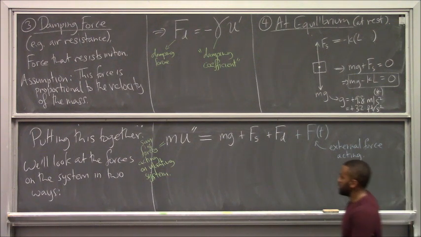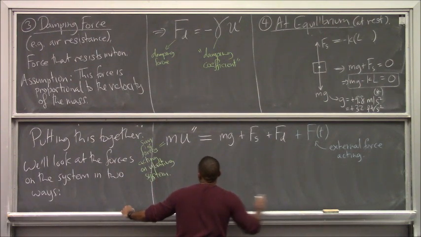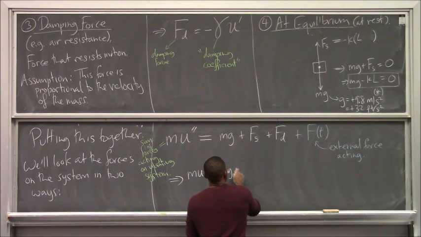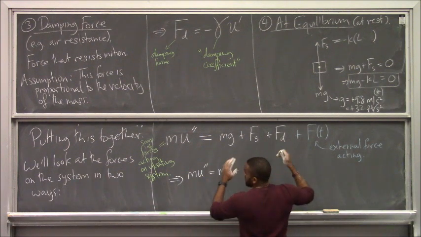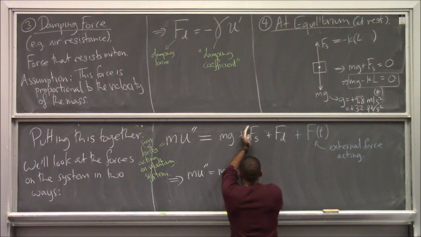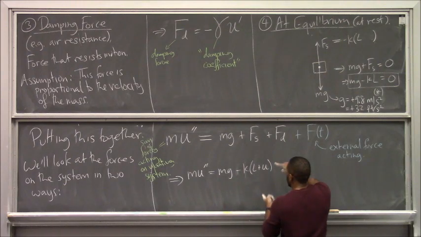But ultimately, what this ends up becoming is going to be, well, this will be m times u double prime equals m times g. Now, Fs, remember, this is under the vibrating system, so the length for the spring constant here is going to be L plus u, because the distance is actually changing.